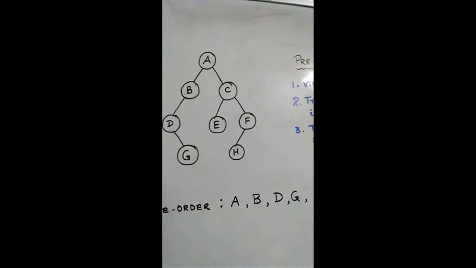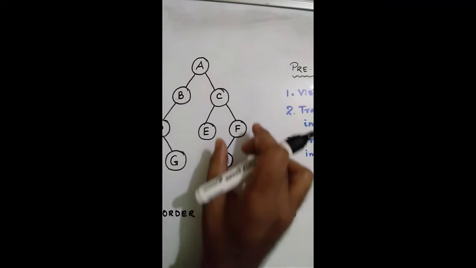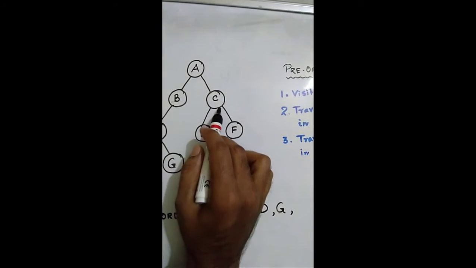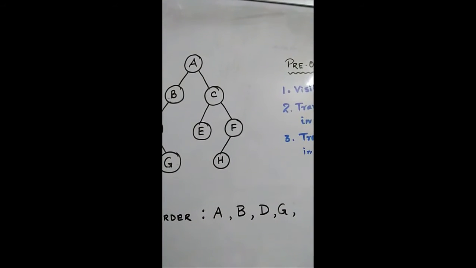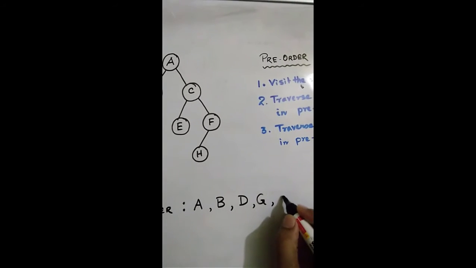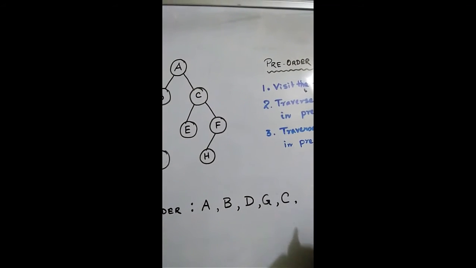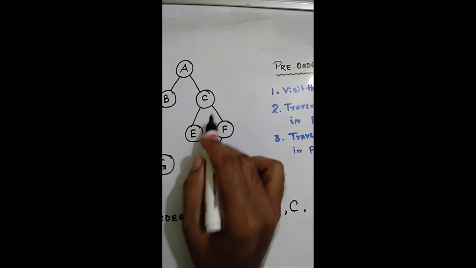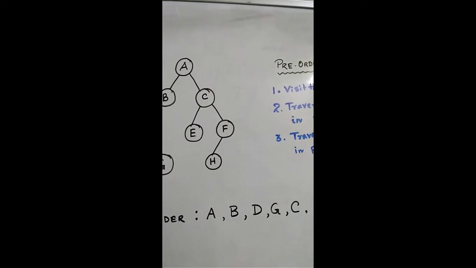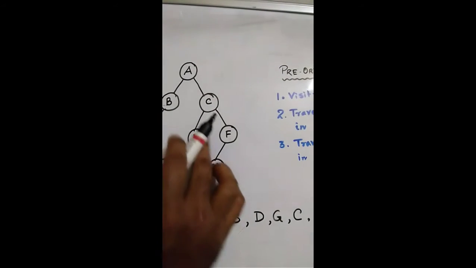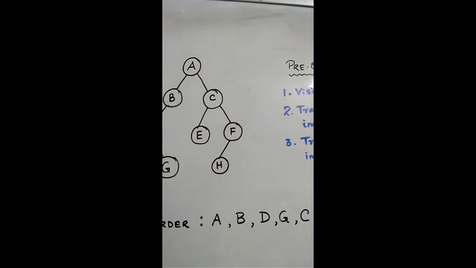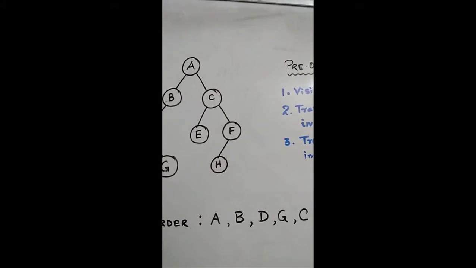Now we will move on to the right subtree. So now we will traverse the whole right subtree, and again first we get the node C. So we will print the node C. Now C has two children, E and F, and after visiting this C, according to the rule of pre-order, we have to traverse the left subtree.